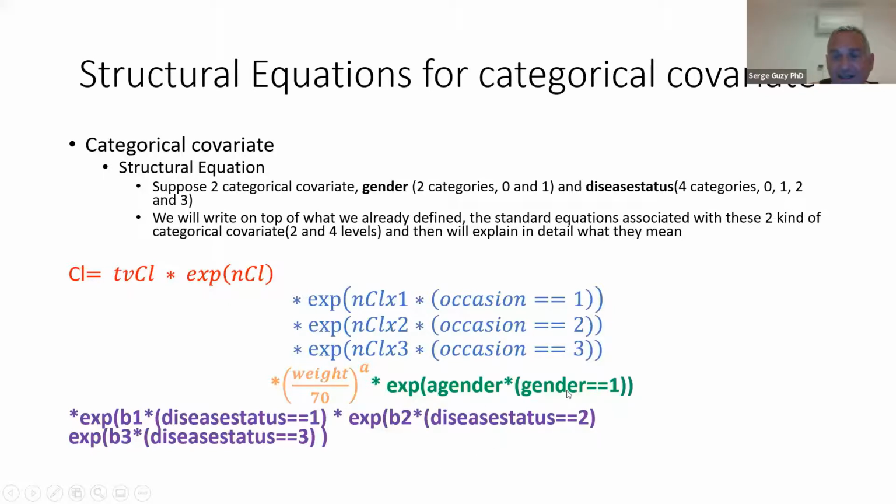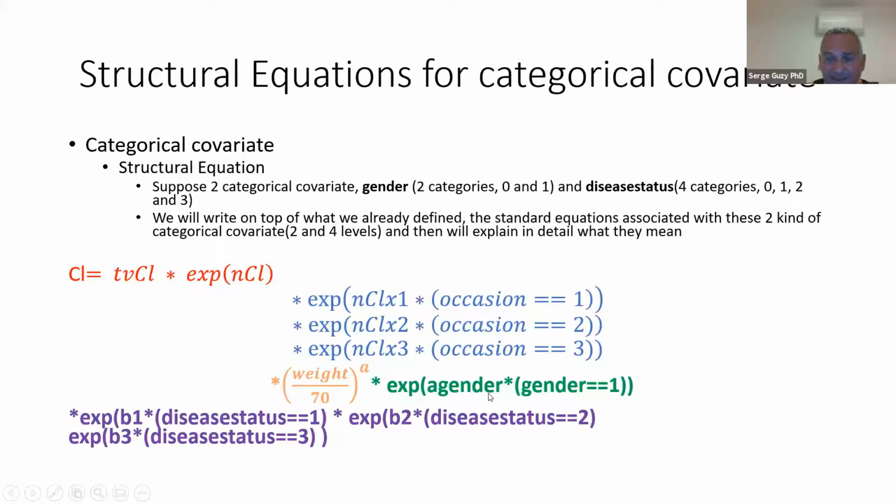Suppose that I'm taking a female, gender equal to 1, and suppose that A gender equals 1. Then if the program is going to estimate A gender and it's equal to 1, and I'm talking about the female, what will be the clearance for that female? No random effect here, no random effect here. The weight is 70 kilograms. Then the clearance is equal to the average clearance multiplied by exponent 1.